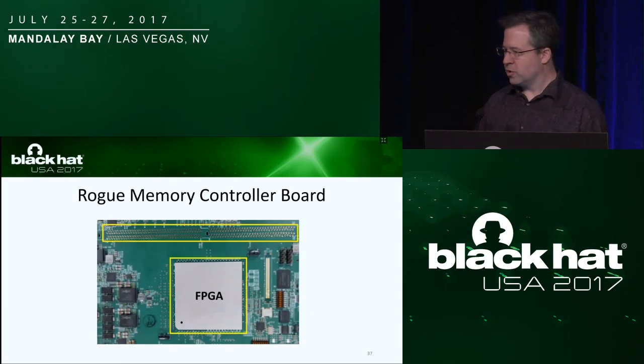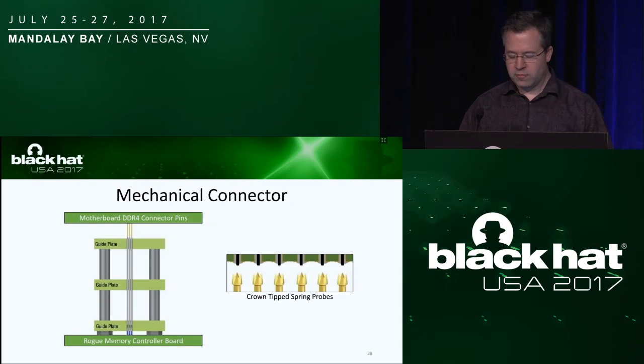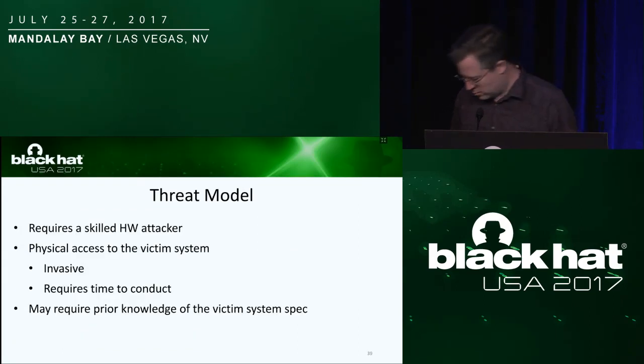They get soldered in place. And the tops of them each have one of these crown tips that connect onto those exposed pins that we showed on the back side of the motherboard. Once we complete this step, we will be able to attack the entire bus rather than just attacking individual pins on the victim motherboard.